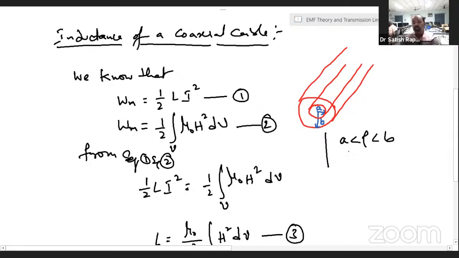So if rho tends to 0, that will become a line.